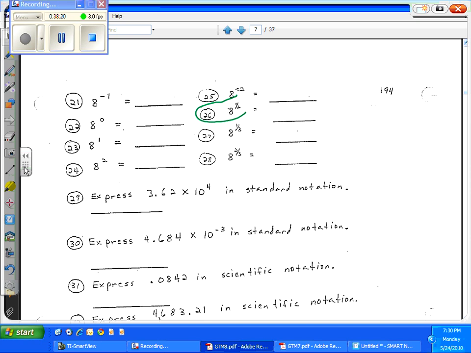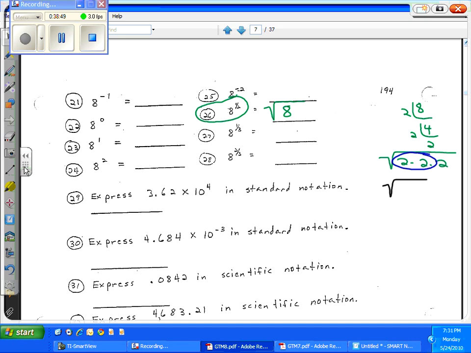Now, also, in the Algebra 1 text on page 13, we talked about the half power. We said half power means square root. And so we have the square root of 8, which we would have to break down to see if that's in simplest form. We would rewrite it as the product of its primes.